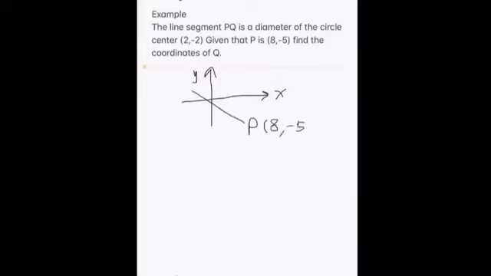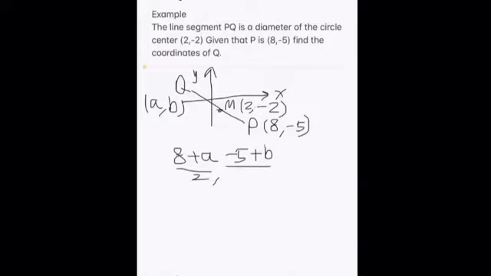We know that in order to find the midpoint, we're going to use the formula, which is all the values of x added together, divided by 2, and the values of y added together, divided by 2. Since the midpoint is already given, which is (2, -2), we know that this equals that.